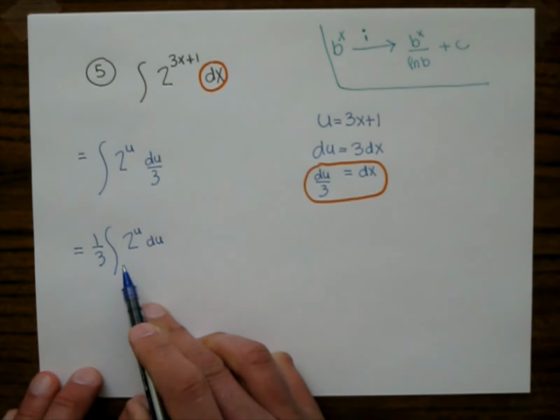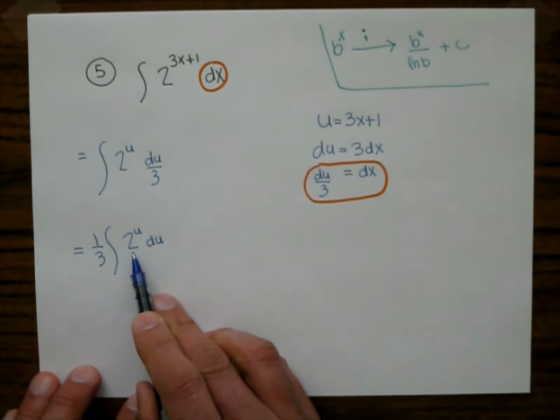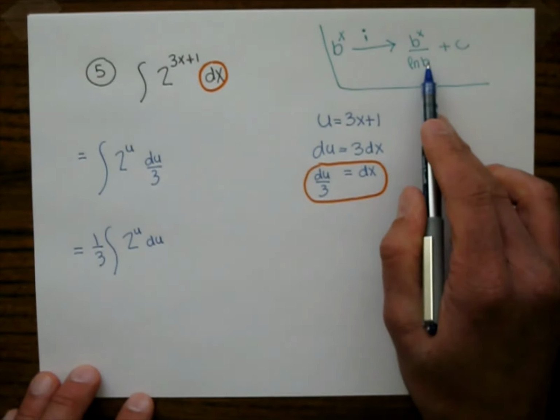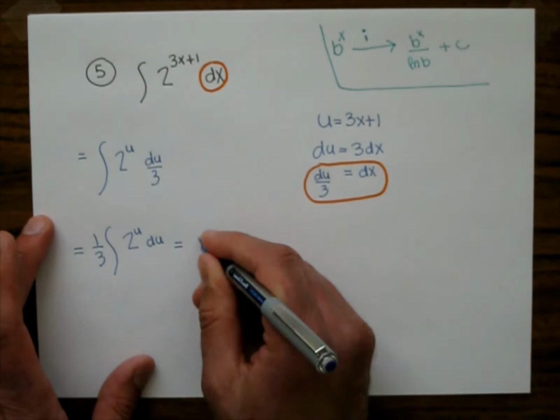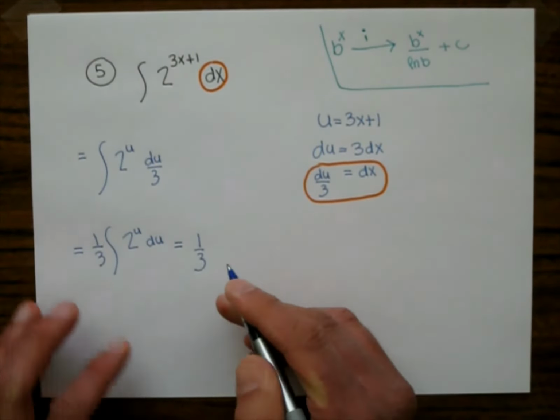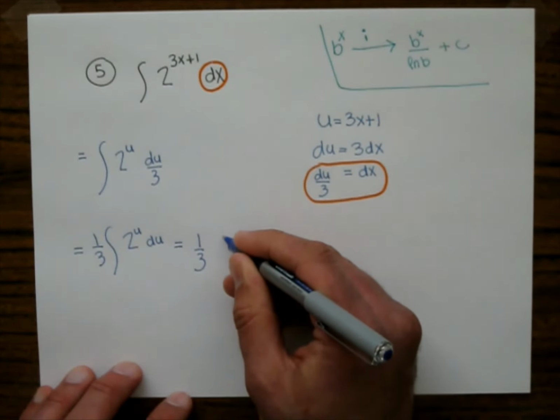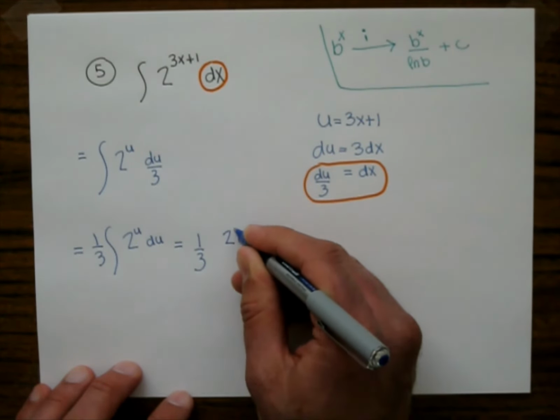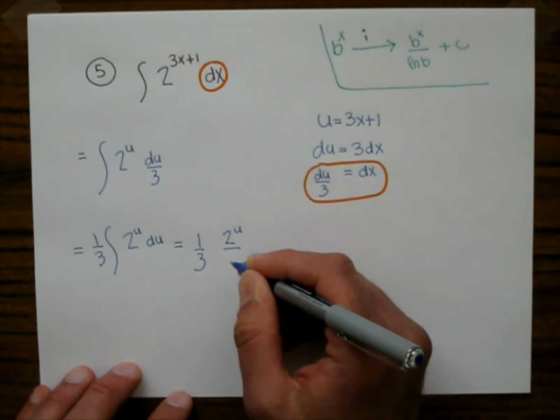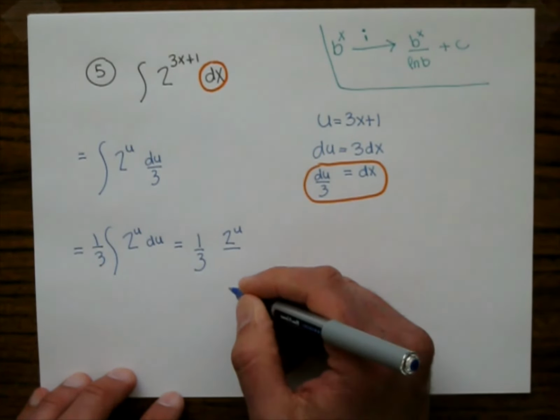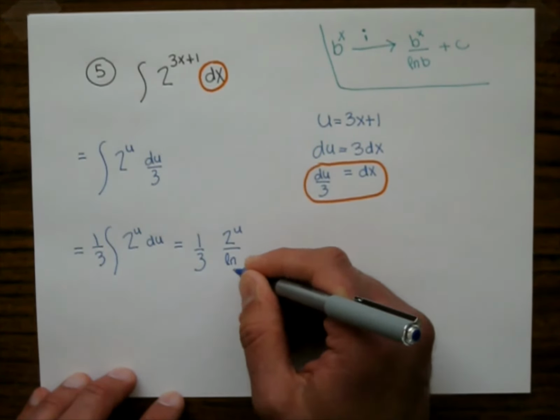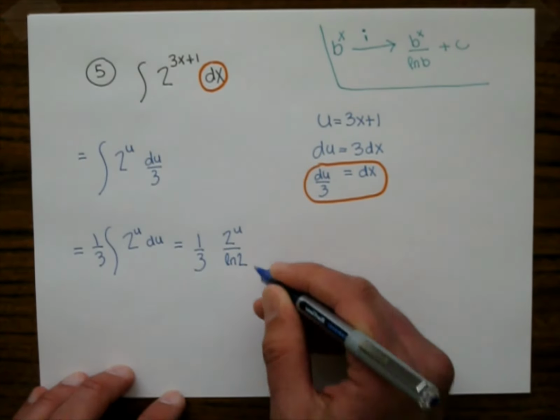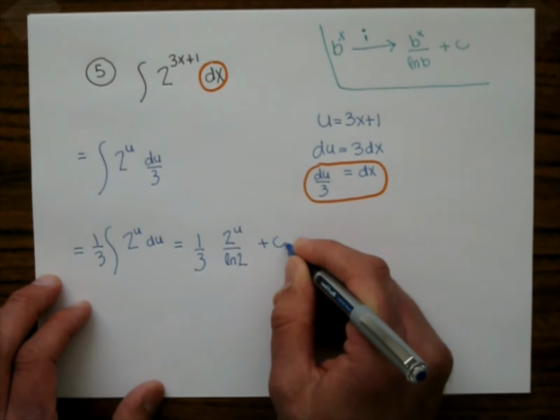Now, do I know how to take the antiderivative of 2 to the u? Well, it's just this rule right here. So I have 1/3, and then here it goes. This is 2 to the u divided by ln 2. And we'll put a plus c there.